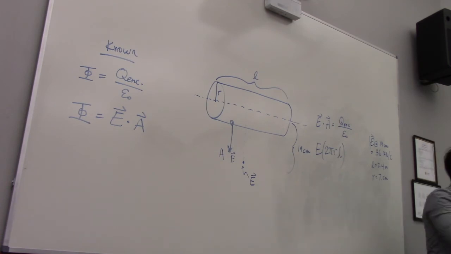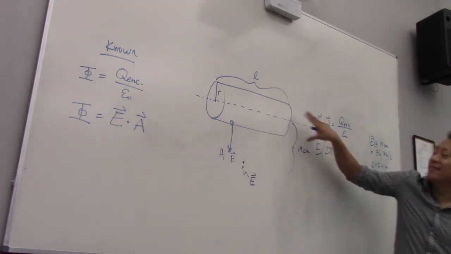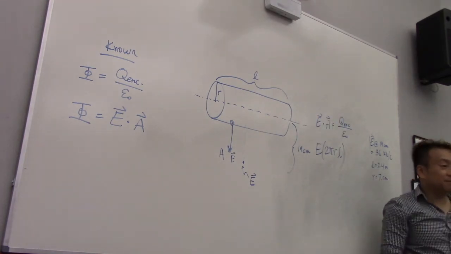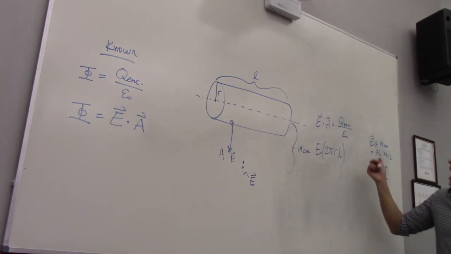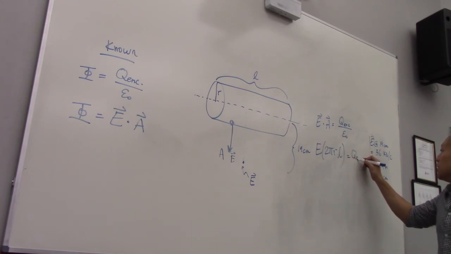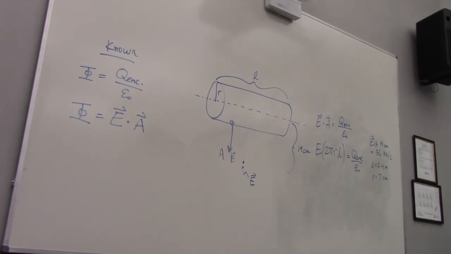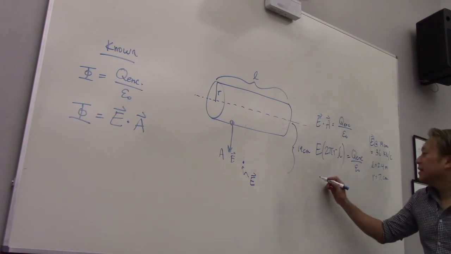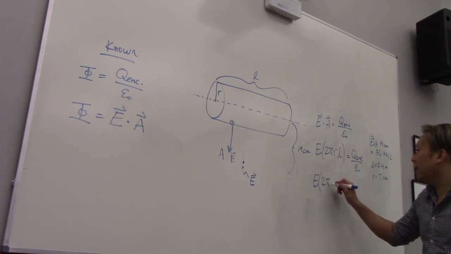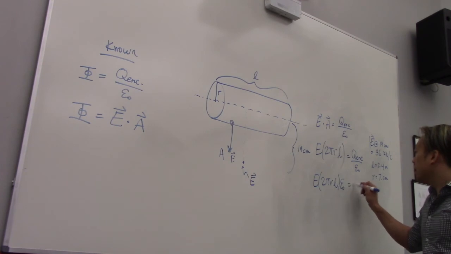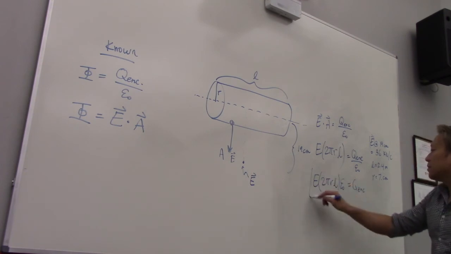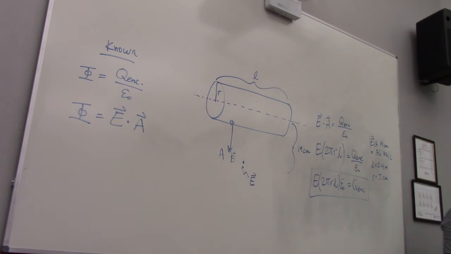So I have that many rings, and that's the surface area. So E times 2 pi RL equals the charge enclosed over epsilon. Awesome. If I multiply epsilon to the other side, I have my answer: E 2 pi RL epsilon equals the amount of charge enclosed in that surface.